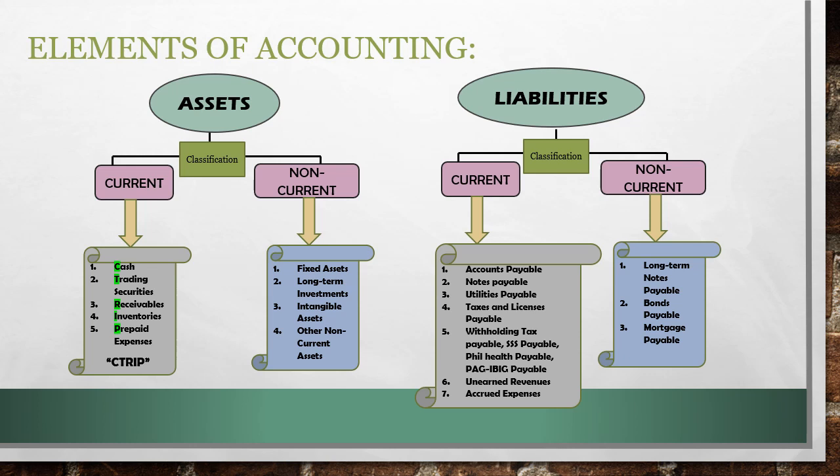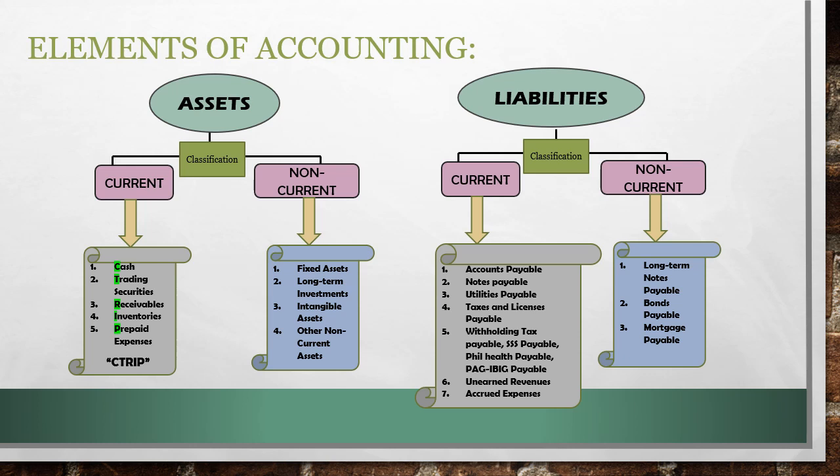For our liabilities or the obligations of the business, it is also classified as current or non-current. Current liabilities include obligations which are expected to be settled in the normal course of the enterprise's operating cycle, and obligations which are due to be settled within 1 year from the balance sheet.